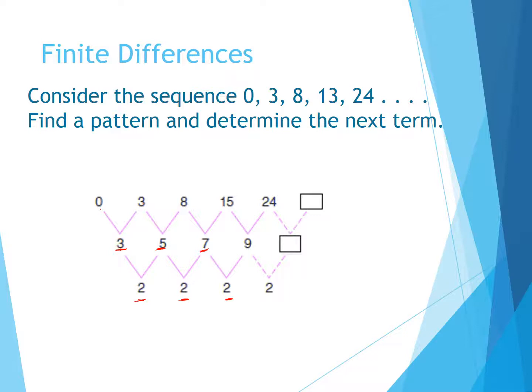Now I know what I'm working with. So if I look at 9 and add the 2, then I get 11. So if I wanted to find the next number here, add the 24 and the 11 and get 35. So these have finite differences, which means eventually the difference will become the same. It may not be the first step, may not be the second step, but it will be some step. You don't have to go forever.